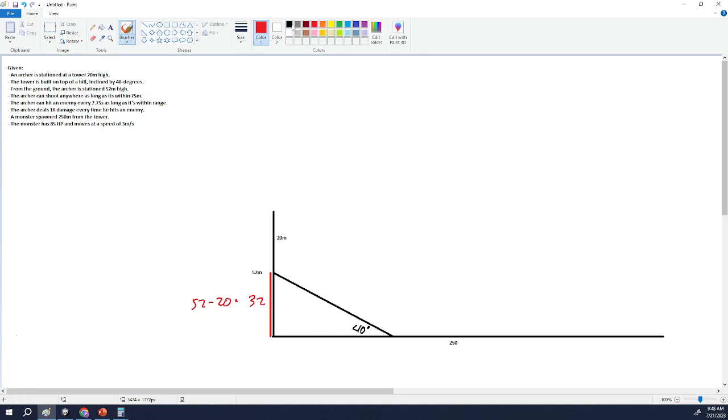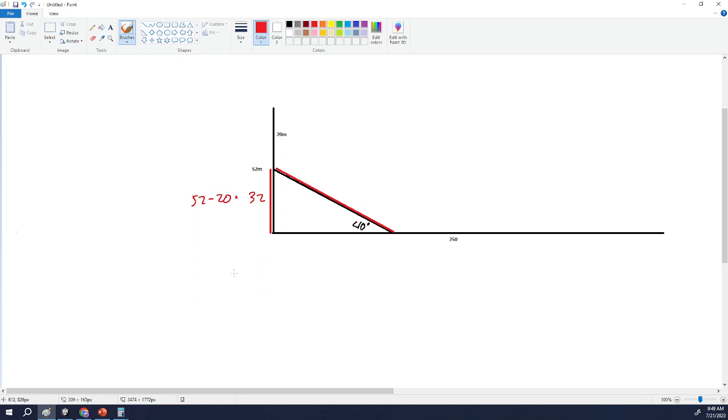So, to get this slope of our hill, we use our SOH CAH TOA. In this case, we use sine. Sine 40 is equal to 32 over the hypotenuse.